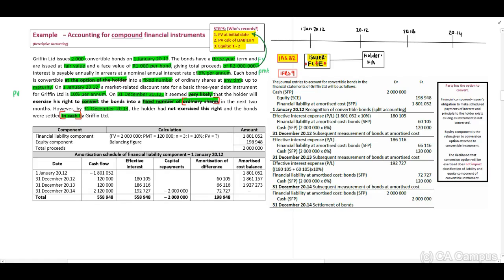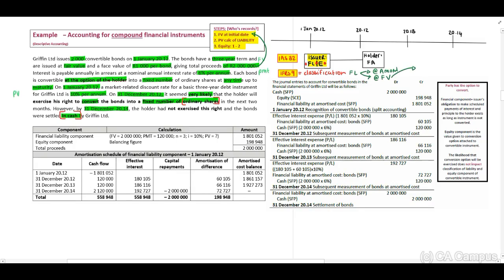Now, when we look at our classification of IFRS 9, how do we classify a financial liability? Remember, financial liabilities will automatically be classified at amortized cost or exception at fair value.